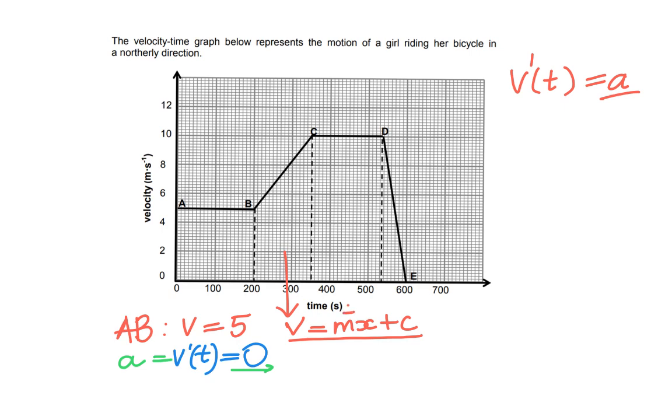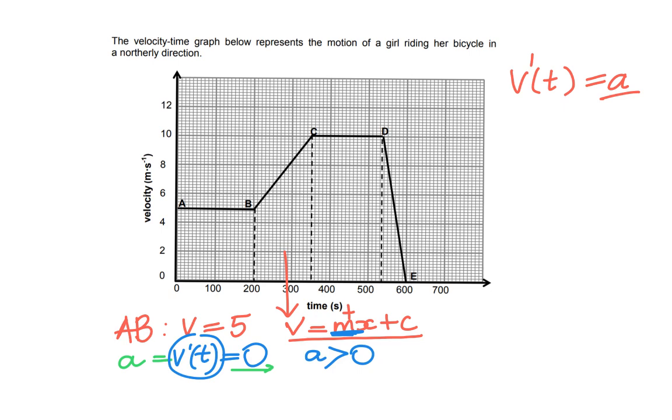You just need to know that it has a positive gradient, which means that as you differentiate the velocity to get acceleration, your acceleration will be positive, because the derivative of mx will then be positive.